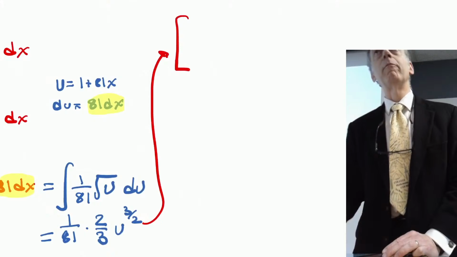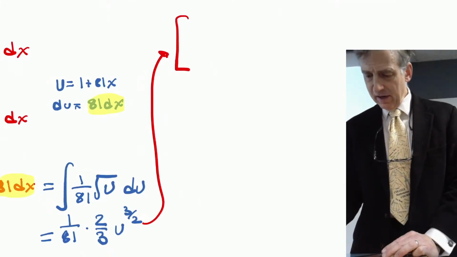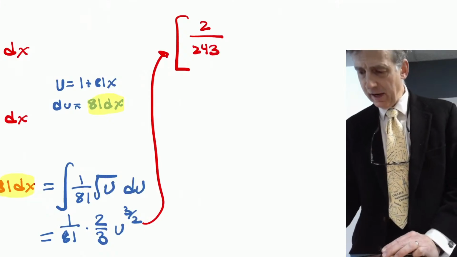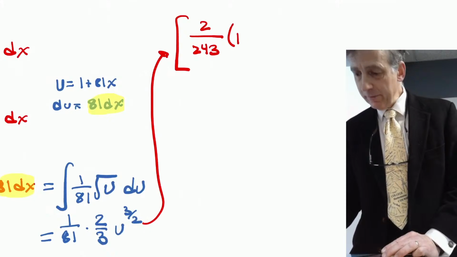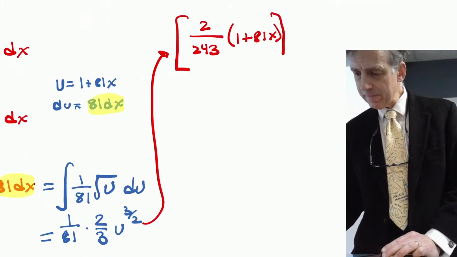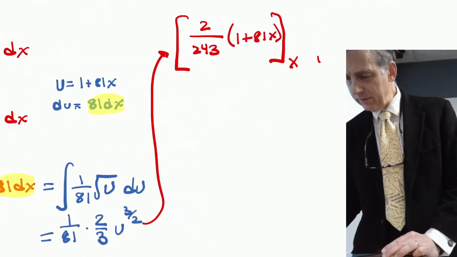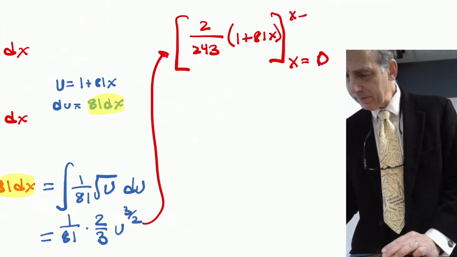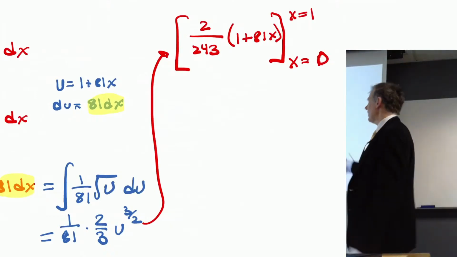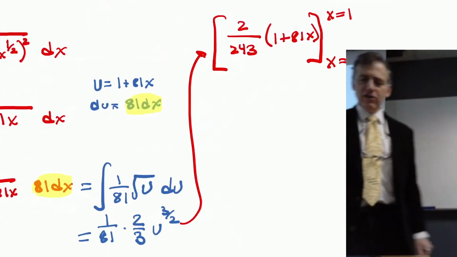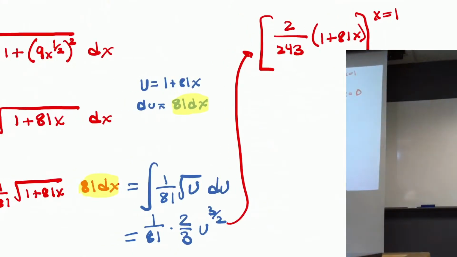This is where I'll bring back the limits, just because I know that the limits are sometimes difficult for you guys. This is going to be 1 plus 81x, from 0 to 1. Just so you know what I mean by changing the limits, it is possible, if you wanted to, to change the limits to values of u. That's the way I prefer, but I've been told by various students in the past that they prefer not.